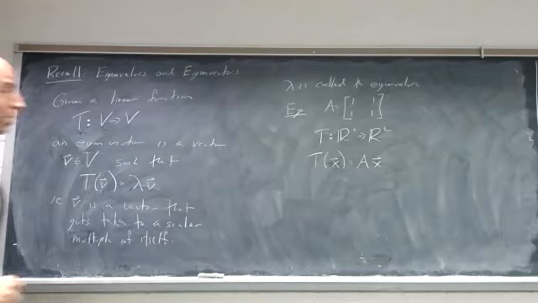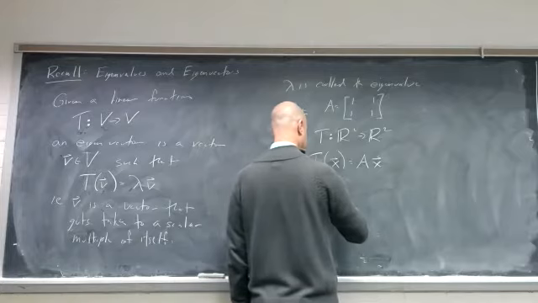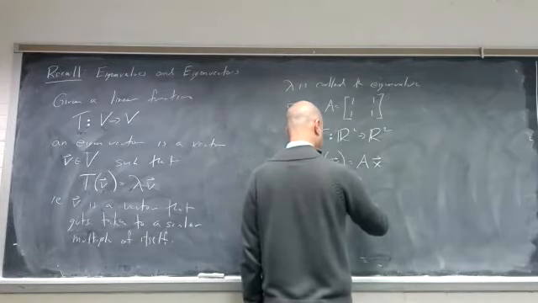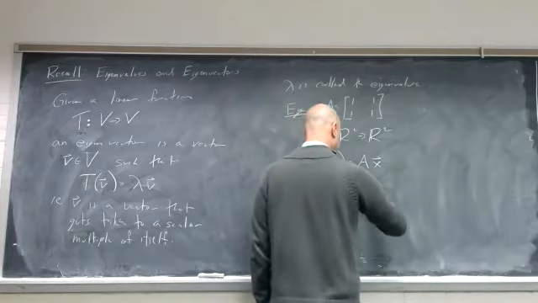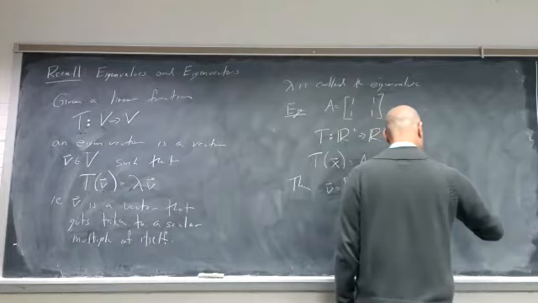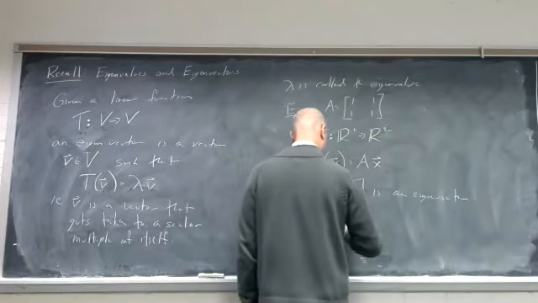We've done this exact example before. Then say b equals (1, 1) is an eigenvector for T.